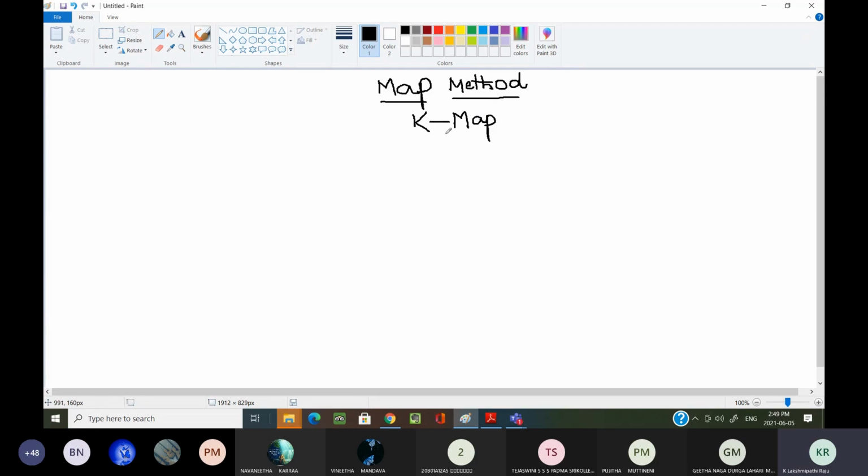Now, why are we moving from Boolean algebra simplification to map method simplification?